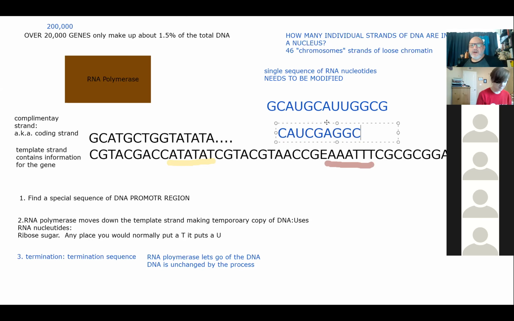So it needs to be modified. And once it's modified, then we finally have our message that is able to leave the nucleus. And of course, we know when it leaves the nucleus, what sits right next to the nucleus?